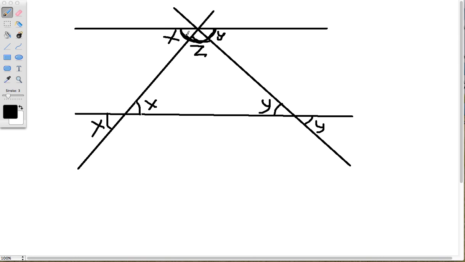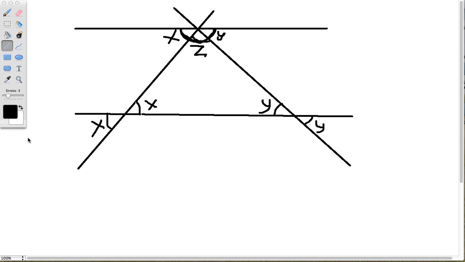So this is also x, this is y, it's opposite from y, so this is y. And remember, we learned that since they're both on the bottom, this one's on the bottom of this line, this one's on the bottom of this line, so they're equal, and this is equal to x. And so x plus y plus z is 180. So we learned that the angles in a triangle add up to 180.